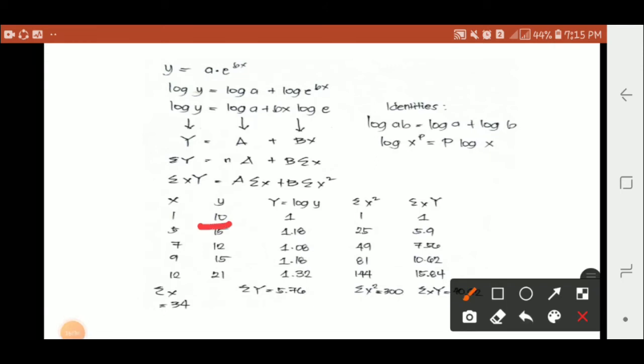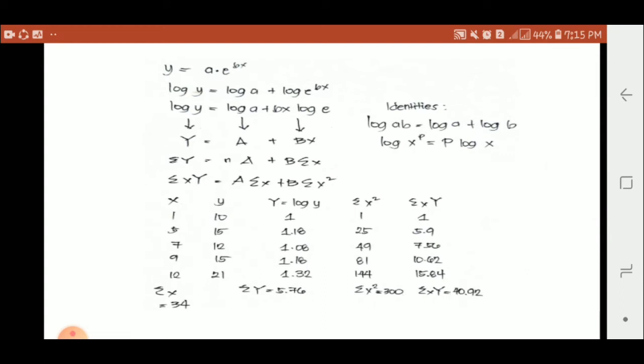So log 10, and when you press equals, it comes out to 1. Same process with the other data points: log 15 equals 1.18, and so on.